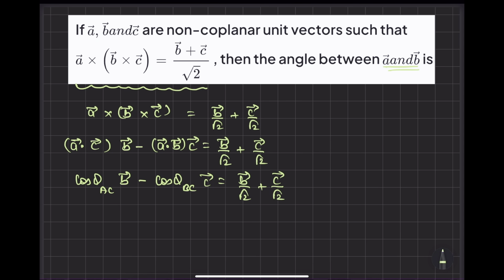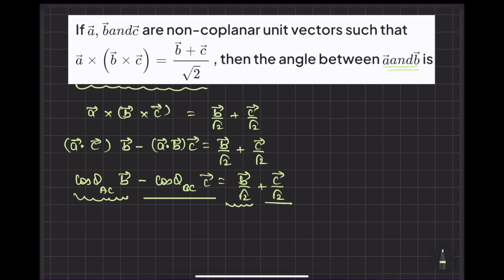Now if you'll observe, on the left hand side you have the B vector component, and on the right hand side you have the B vector component. On the left hand side you have the C component, and on the right hand side you have the C component.